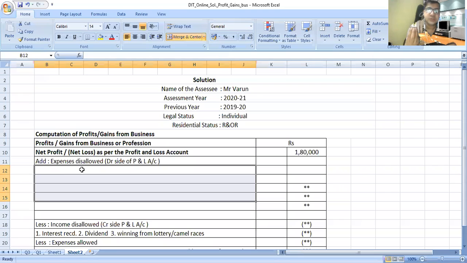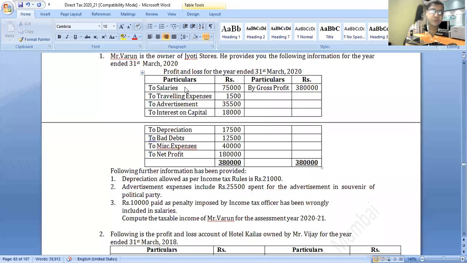Some portion of business expenses is disallowed. So the disallowed portion should be added here. So first of all, we should study by way of our problem. On the debit side, we have to see what kind of expenses are there. First of all, the first expense: salaries, rupees 75,000.